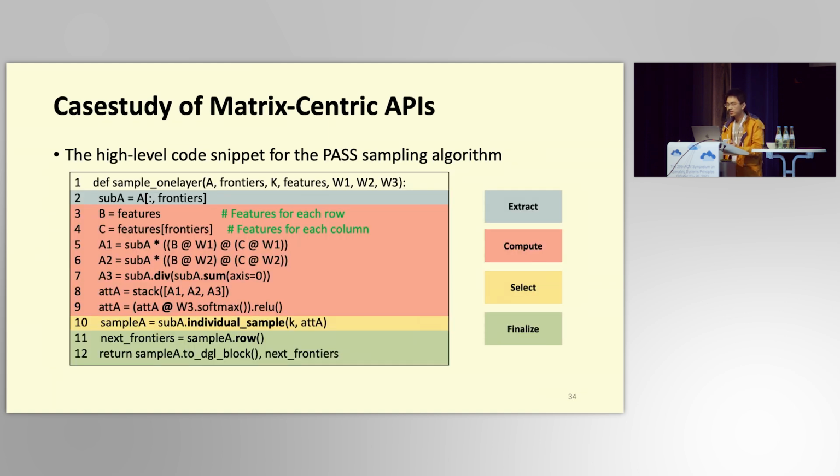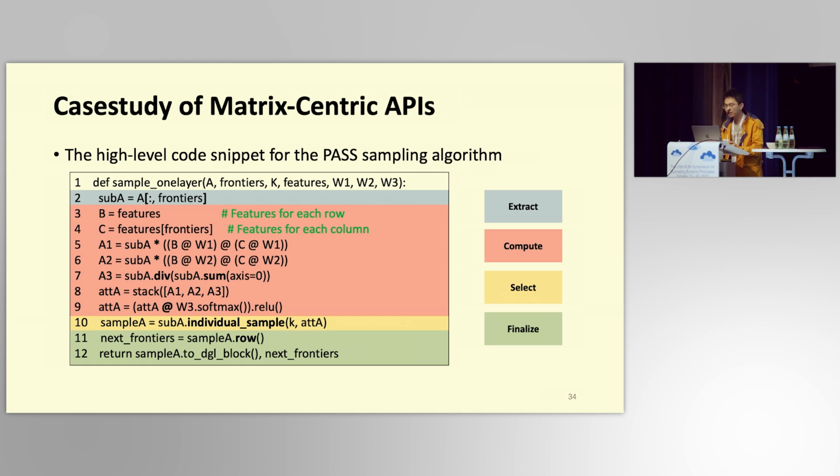Here is an example that uses the ECSF template and our API to implement sampling in paths. We use different colors to represent different steps. In each step, our logic is implemented by the matrix-centric API.